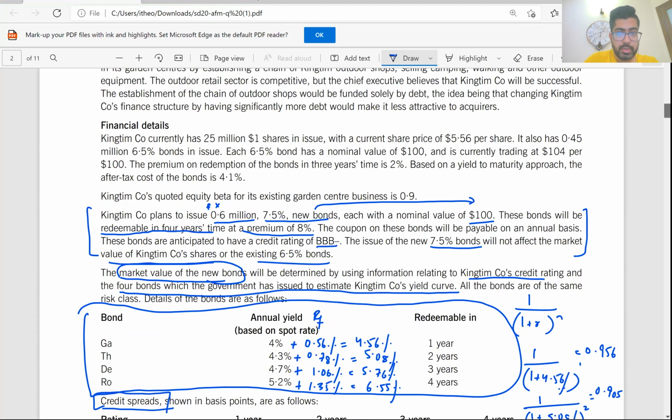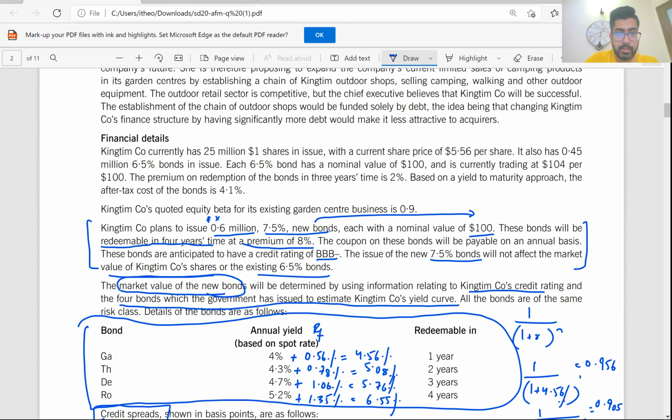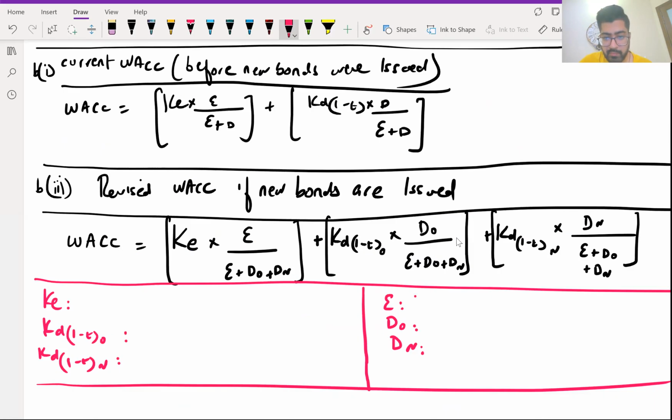So number of shares 25 million into share price 5.56. Remember, 25 million shares into share price 5.56, that is 139 million. Okay, this is the market value of equity. Why? It's not changing.